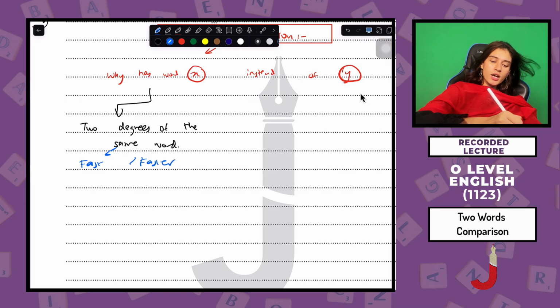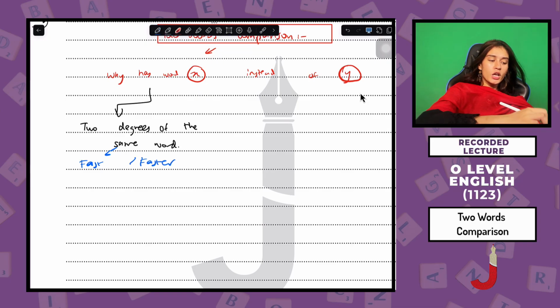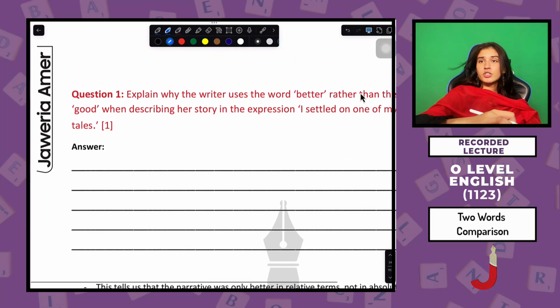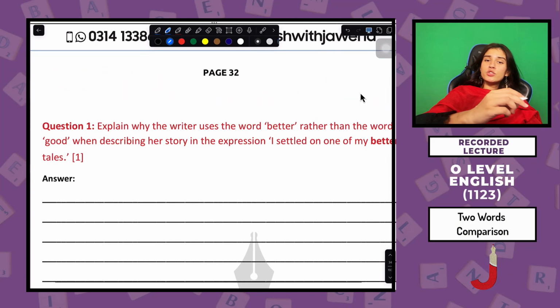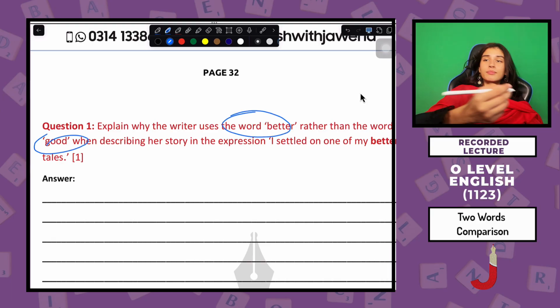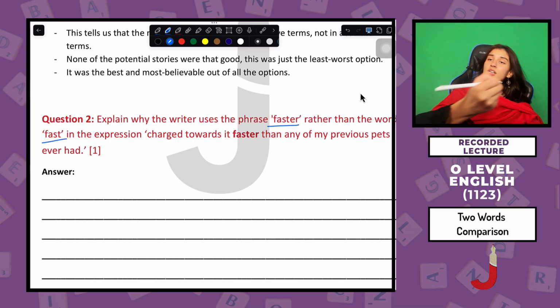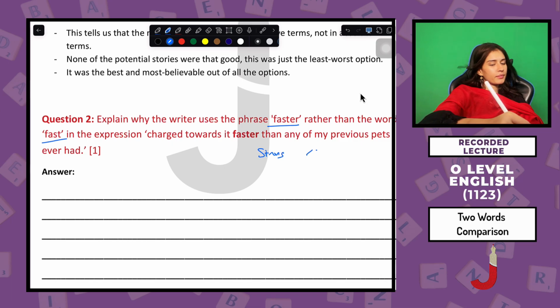For example, you were asked to compare why has the writer used the word stronger instead of strong and stuff like that. This is an example question that we discussed. Why has the writer used the word better instead of good? 2 degrees of the same word. Or here, why has the writer used the word faster instead of fast? It's like degrees, right? Strong, stronger, tall, taller, stuff like that.